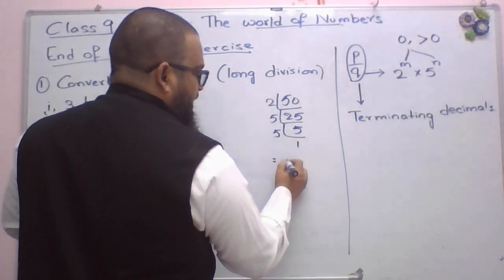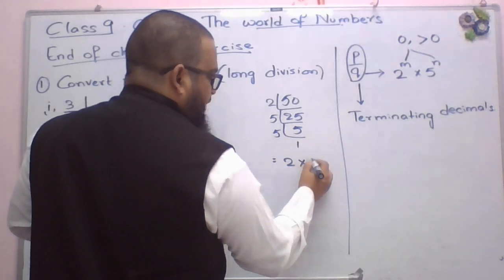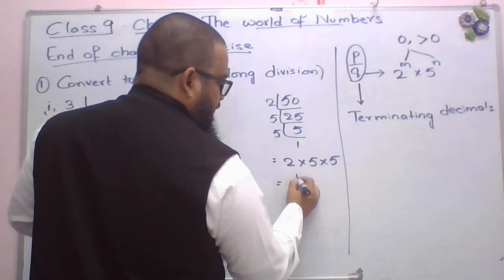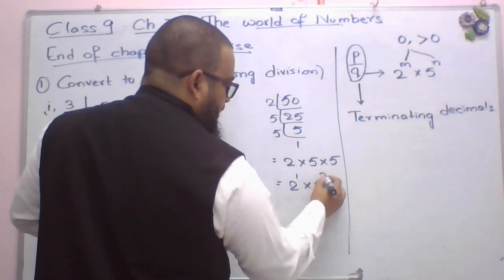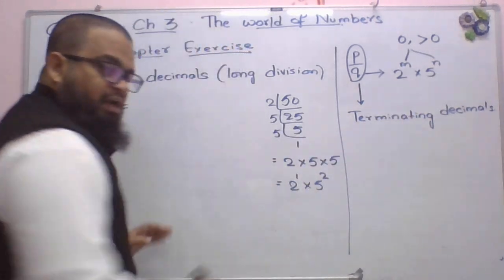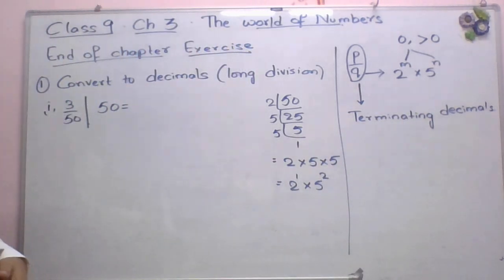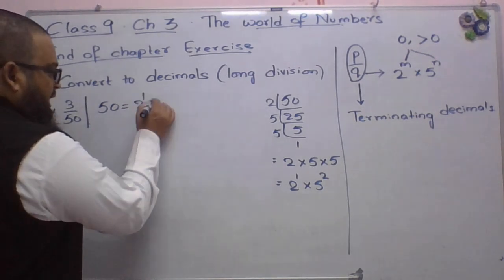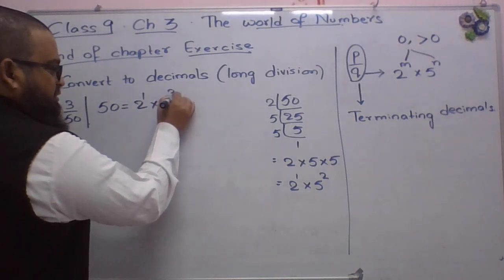So that it can be written as 2 times 5 into 5. So that means 2 to the power of 1 into 5 square. So is it in the form of 2 to the power of m and 5 to the power of n? Yes. So therefore 3 by 50 can be written as a terminating decimal.